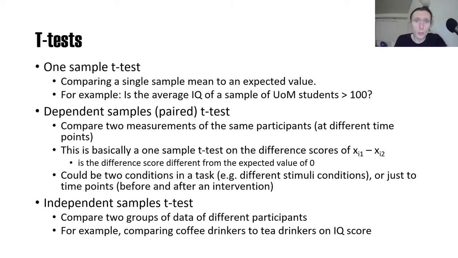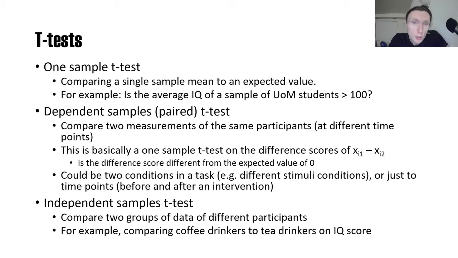For example, what's the reaction time of people looking at a picture of a fish and determining whether that is an animal, or a picture of a bird, right? Could be that people are faster when looking at a picture of a bird, and then you would want to compare those two conditions. And in this case, the same participants look at birds and fish, so you can compare this with a dependent samples t-test, because again, the dependent samples t-test is two scores from the same participants.